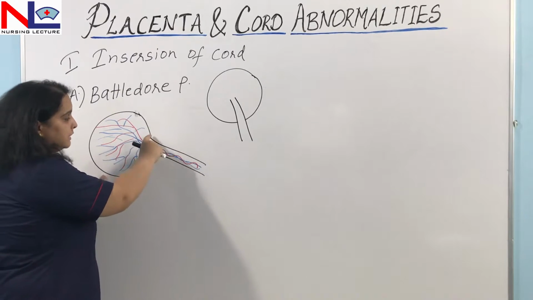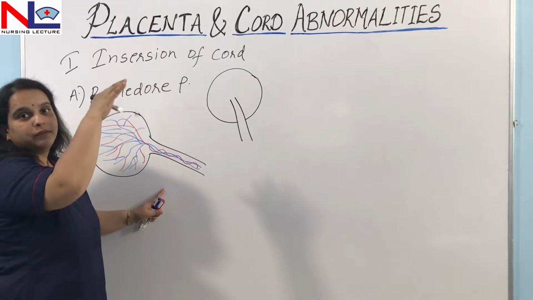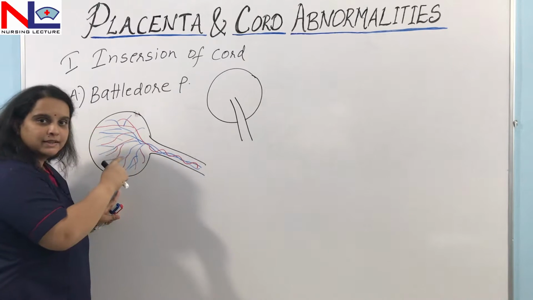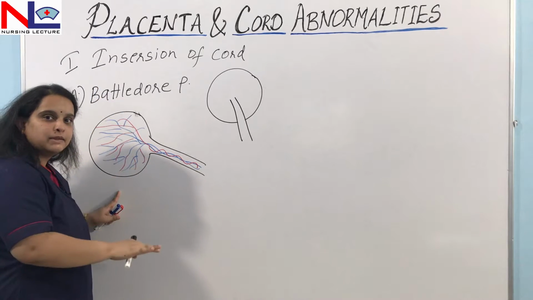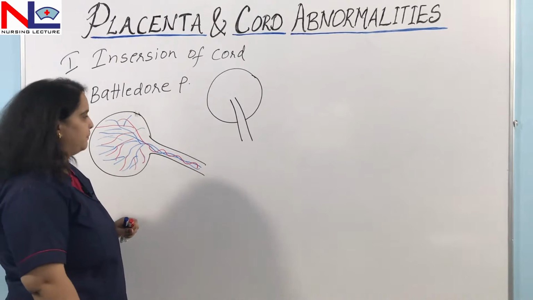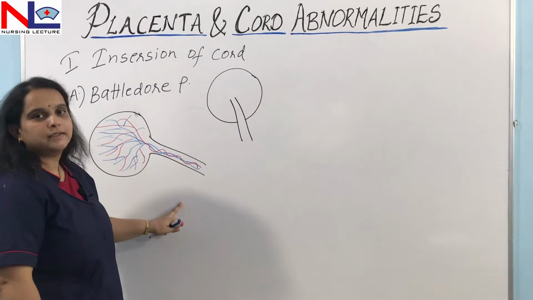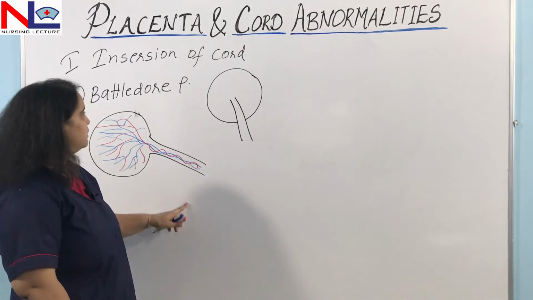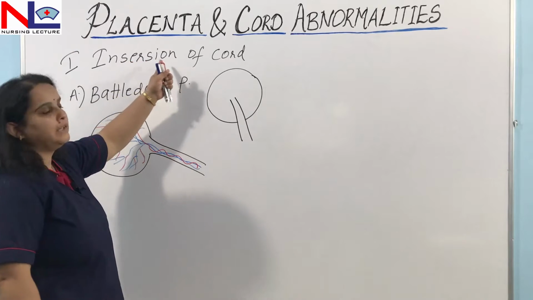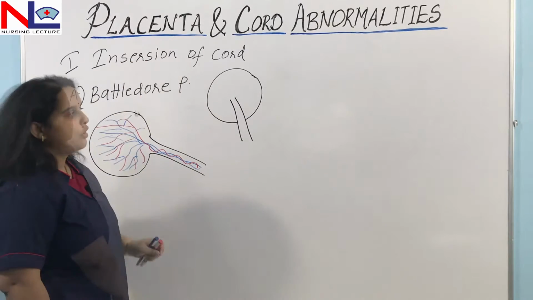Because this cord may be compressed by the fetal parts. As it becomes compressed, that causes decreased blood supply to the fetus, and that may lead to fetal anoxia. Otherwise this type of abnormality doesn't cause any harm to the fetus. So that is called the battledore placenta. That is the abnormality regarding the insertion of cord.